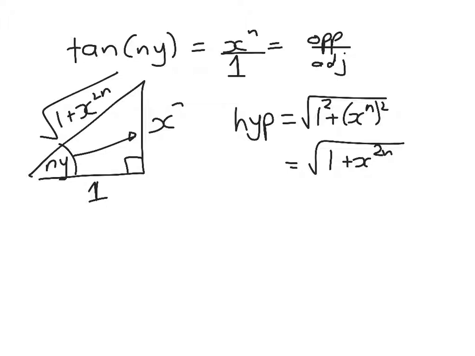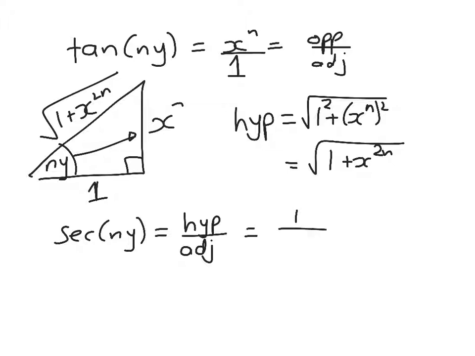From that we can get the value of sec ny directly. So sec ny is equal to the hypotenuse over the adjacent, which is, let's see, going slowly, root 1 plus x to the 2n over 1. So now working that back into my problem, we're going to get the same answer.